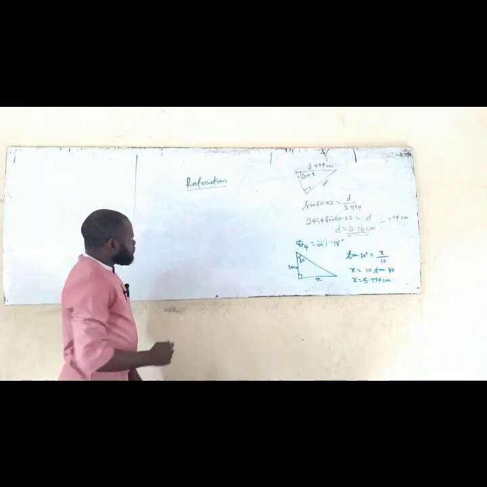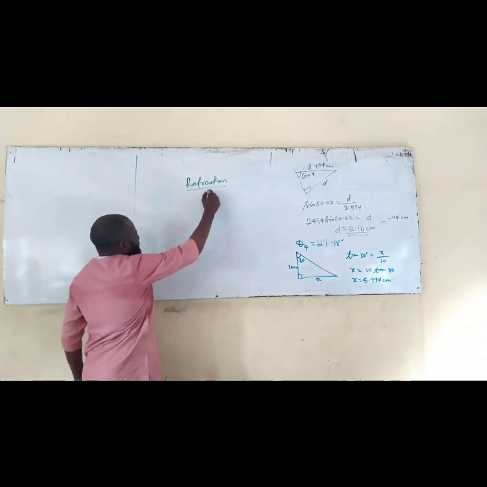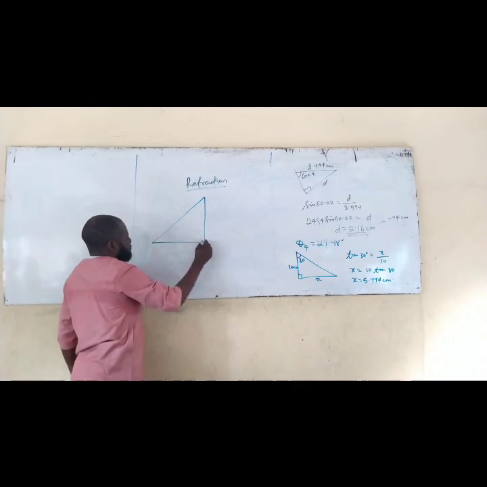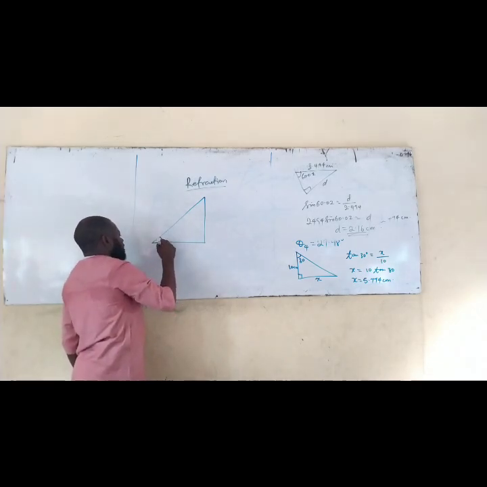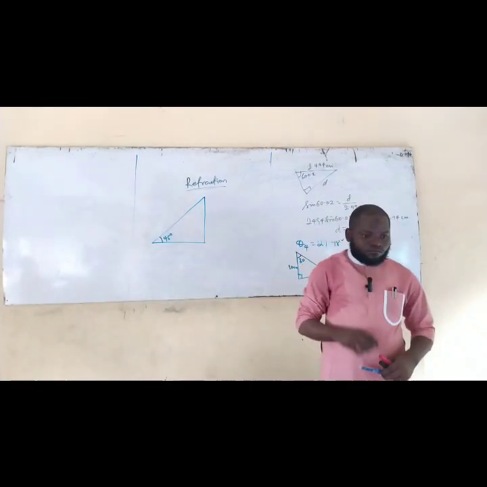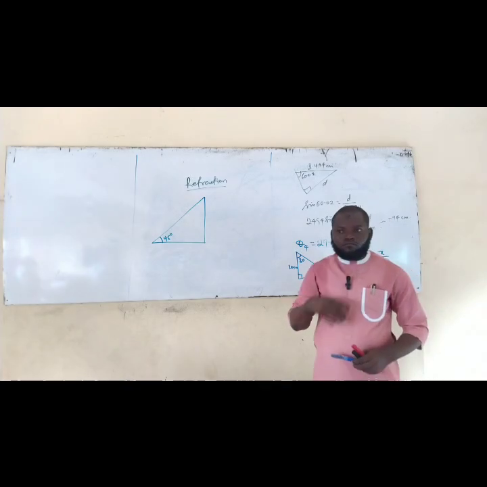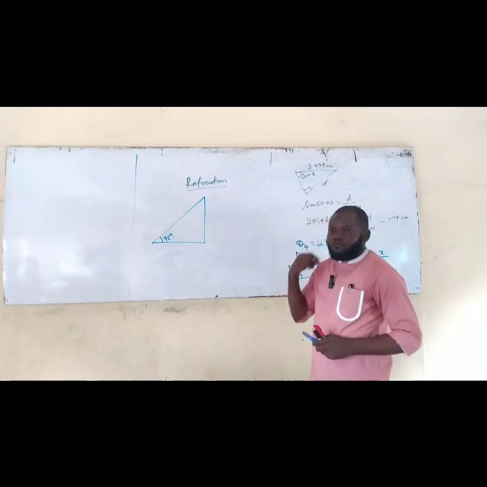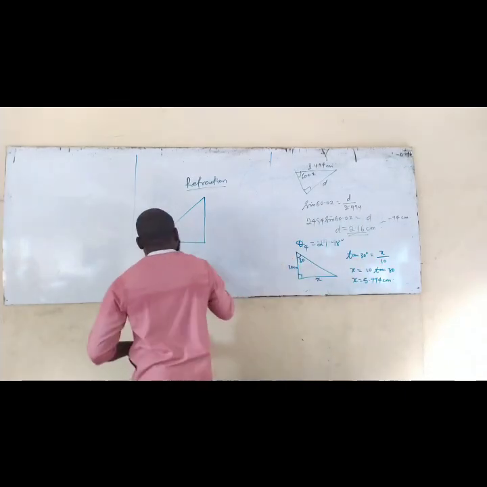So let's say I have a triangle like this, and this is angle 45 degree. I'm supposed to make that angle 60 degree.